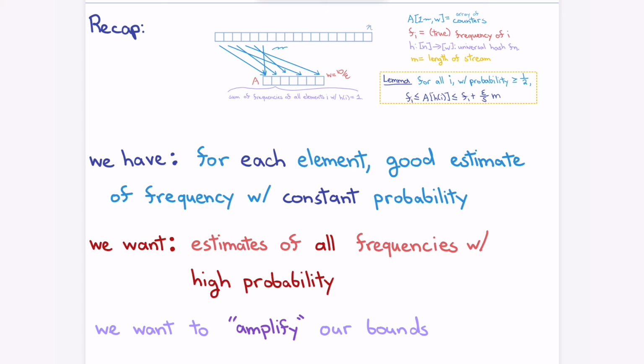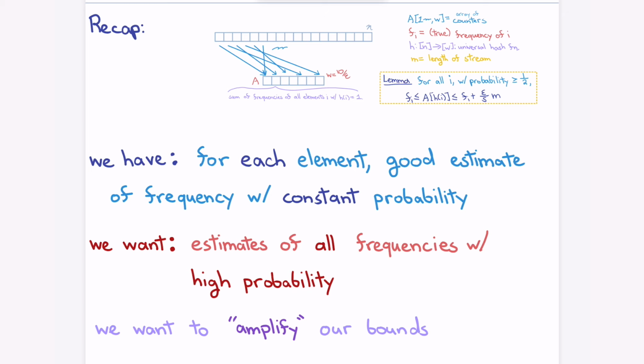Now I want to make this stronger. I want to make sure that all of my frequencies for all of my elements are good with really good probability, say 1 over n squared, 1 over n to the 10, however high I want. We have something that works for some elements sometimes, and I want it to work for all elements almost all the time.